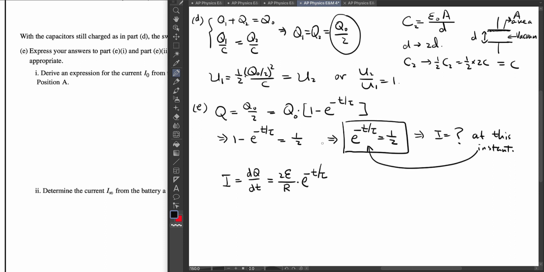I remember that equation that we derived previously. So now we do have this condition. Okay, so this instant, let's call it T2 instant. So that's the T2 instant current. So let's plug in this 1/2. We get EMF over R. Okay, so that's the current I0.